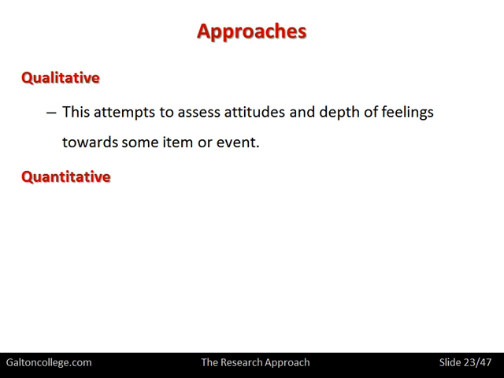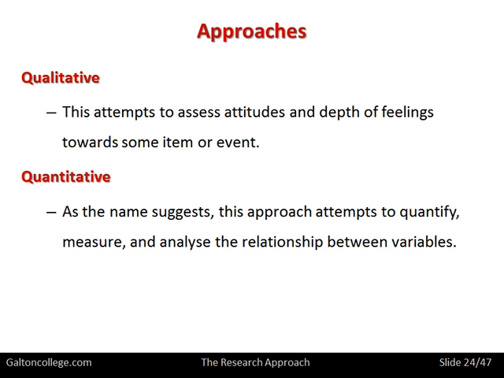We also have quantitative research, which deals with numbers. It tries to quantify and measure and analyse relationships between variables. When I talked about cutting the price of the product, that's quantitative because we know what the original price is, we know what the new price is. These are numbers, so we can work out the difference in price.